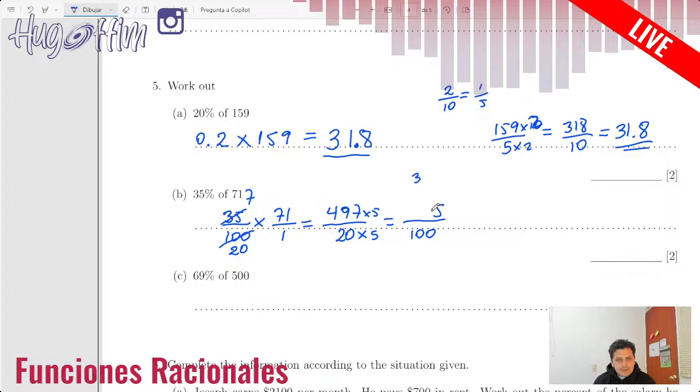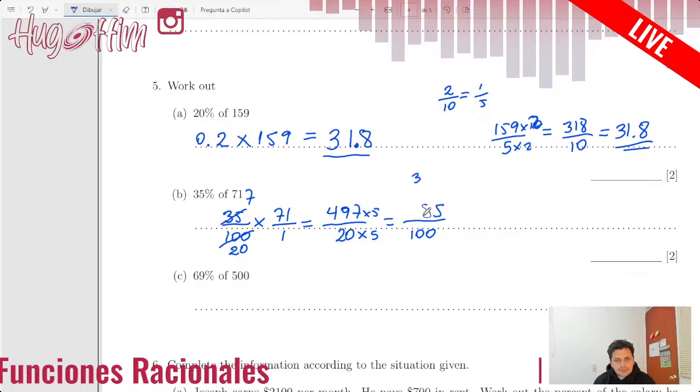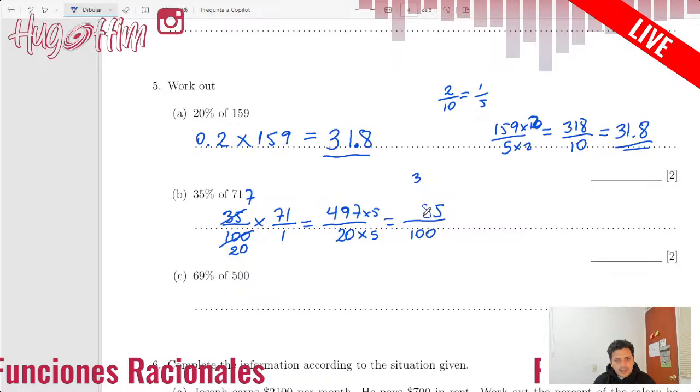And 3, 48. 4 left. 4 times 5, 20. And 4, 24. And as is 100, I move the decimal point twice to the right. 24.85.